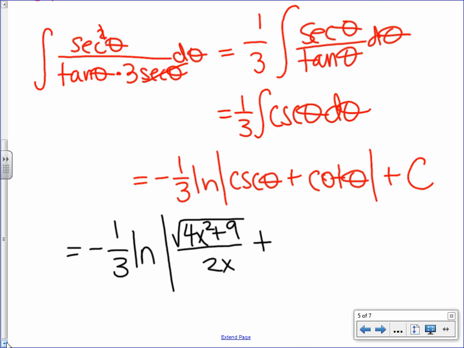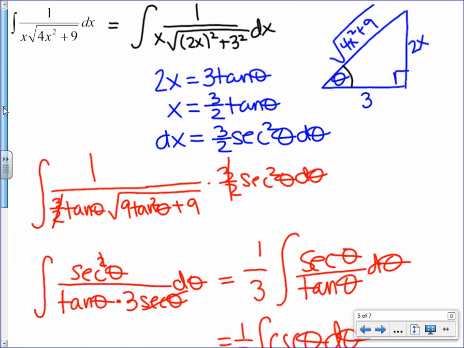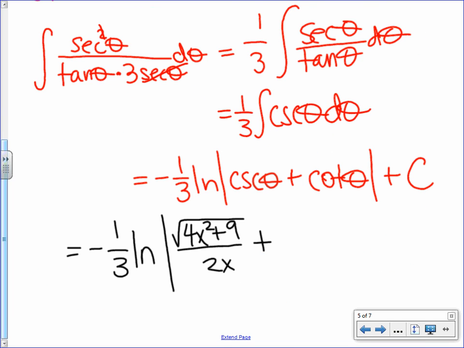Plus cotangent. Okay, so this is weird. Whoever's deriving these so we can integrate them should really just leave them in the terms they get.